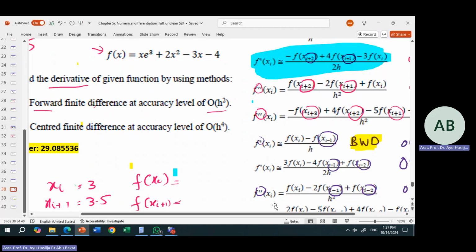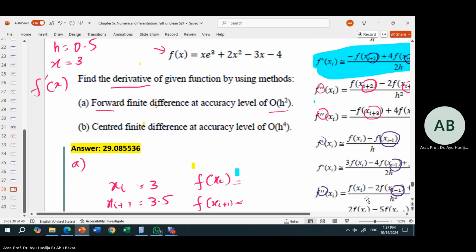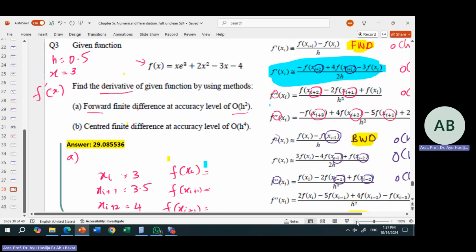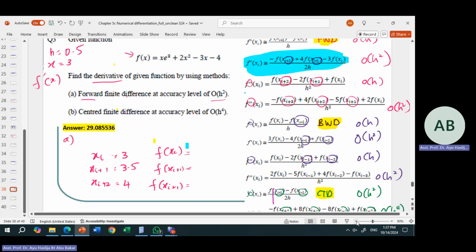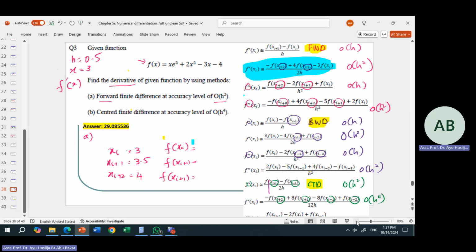Okay, forward, can. Now for centered, use the equation. Okay, identify the equation for centered. O(h) level 4. Okay, centered, it requires O(h) level 4.